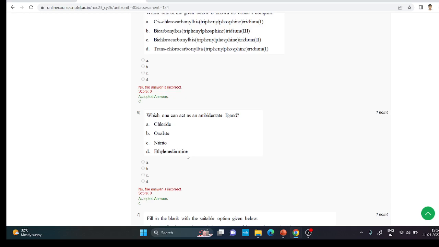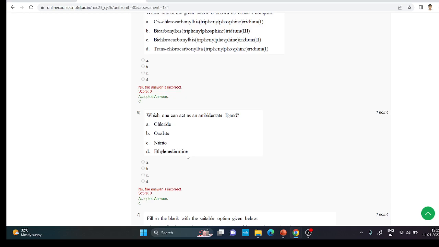And basically nitro O is called nitrito. Give me a second. So basically, if you are writing nitro, it is just telling about the nitrogen. If you are writing nitrito, it is basically nitro O.